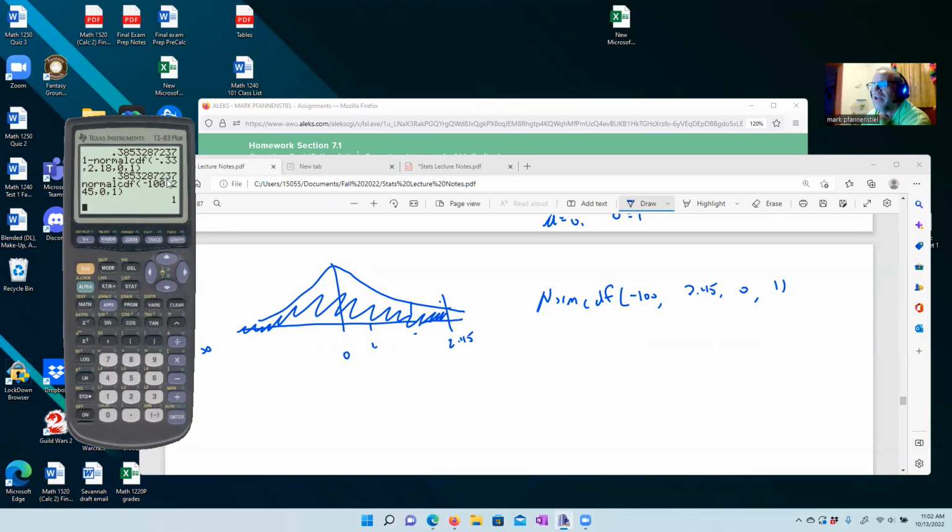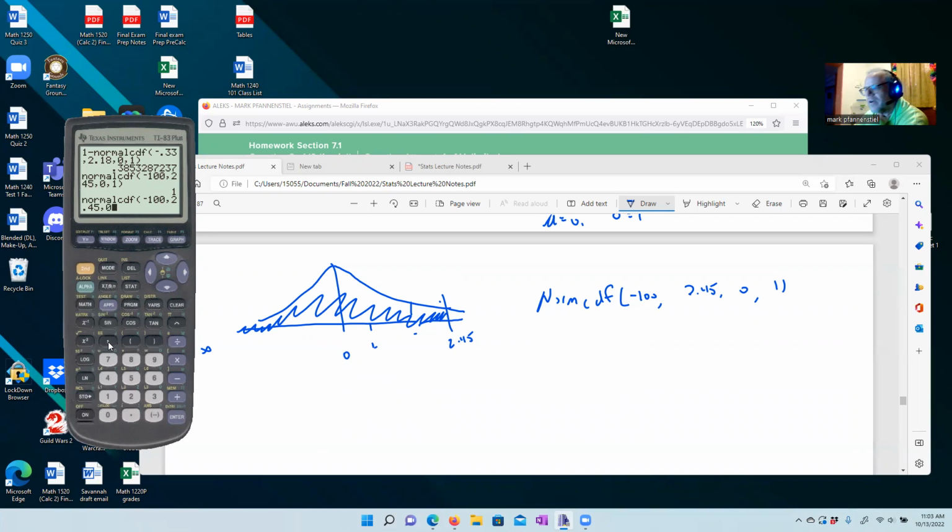You know what? I don't want 245, I wanted 2.45. So I forgot to type in my decimal place. Going back to distribution, we want negative 100, comma, 2.45. If you look at the other one, it's just 245, and then comma 0, comma 1.